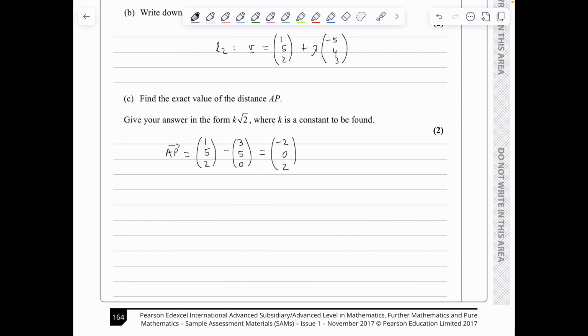To find the magnitude of AP, I simply take each entry, the i, the j, and the k component, I square them and I add them up and I take the square root. So that's going to be negative 2 squared plus 0 squared plus 2 squared, all square rooted, which gives an answer of 2 root 2.